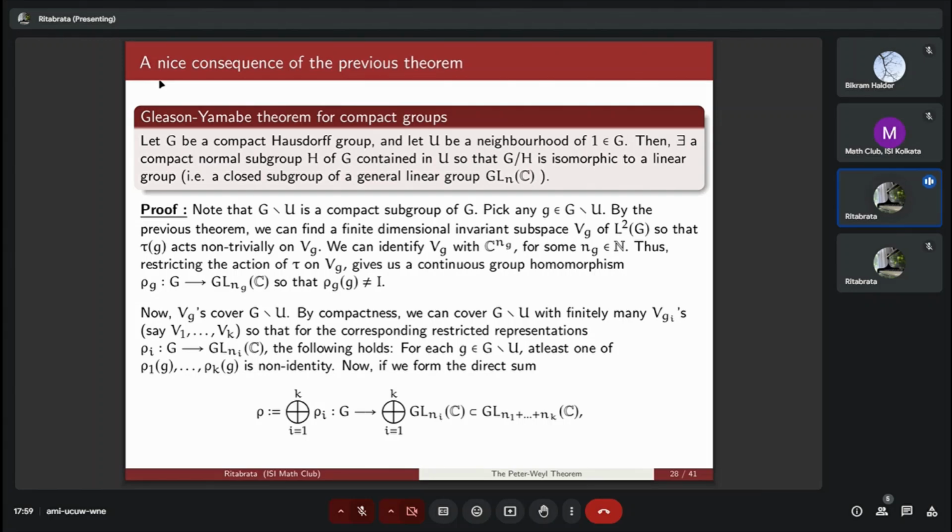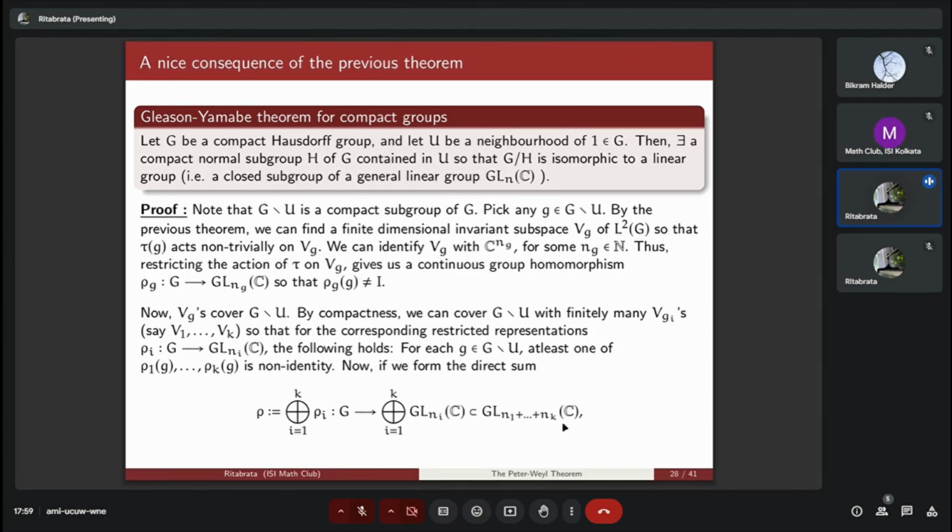Now we form the direct sum of the representations from G to the direct sum of GL_Ni of C. By the usual embedding, GL_1 of C direct sum GL_2 of C can be embedded inside GL_3 of C, and this is a standard embedding.